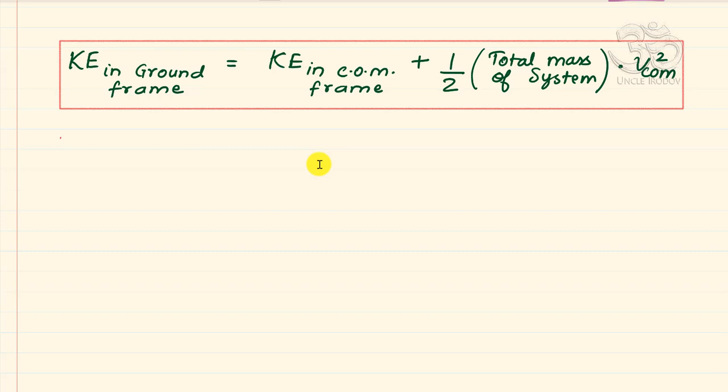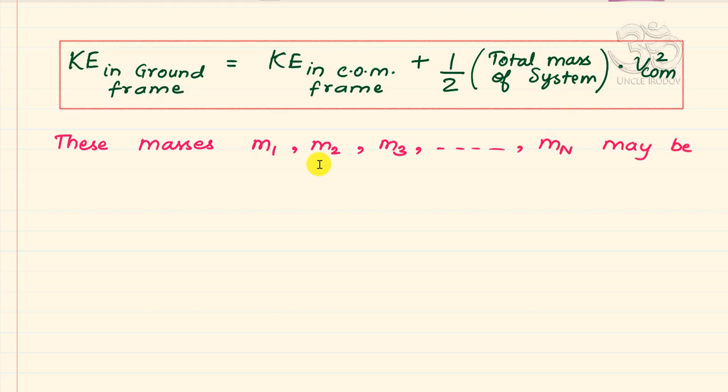So these masses m1, m2, m3, up to mn may be discrete masses, which means they are individual masses.